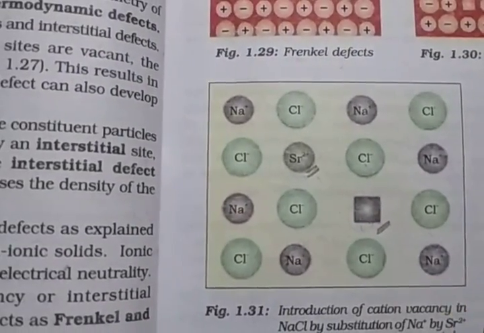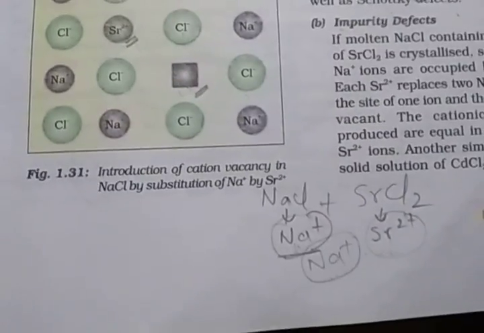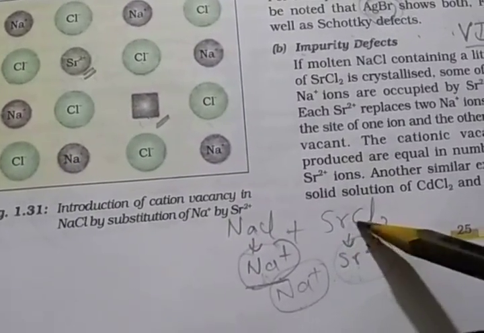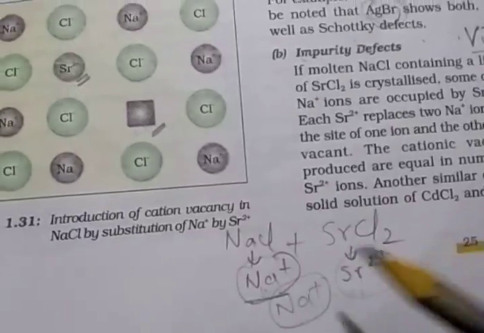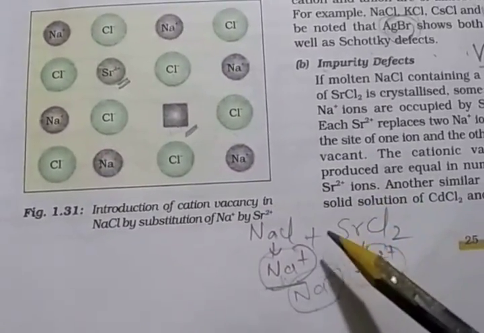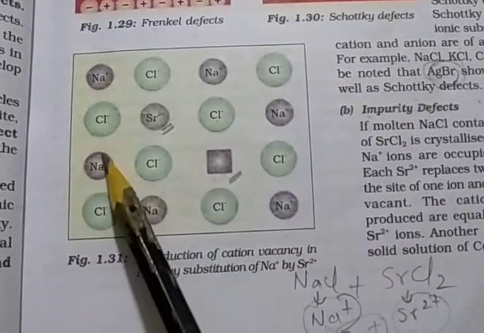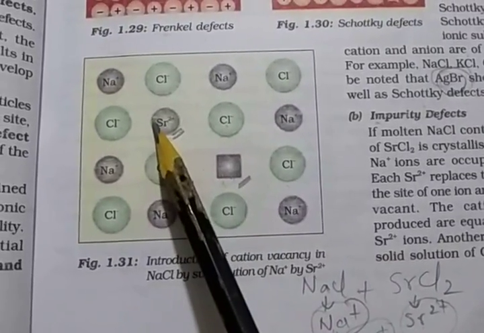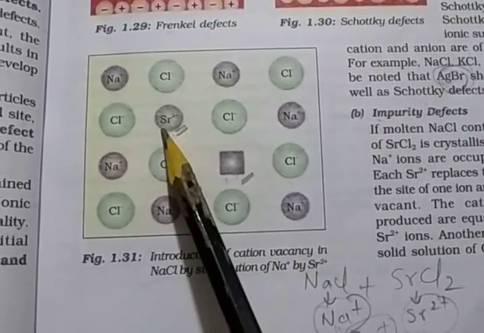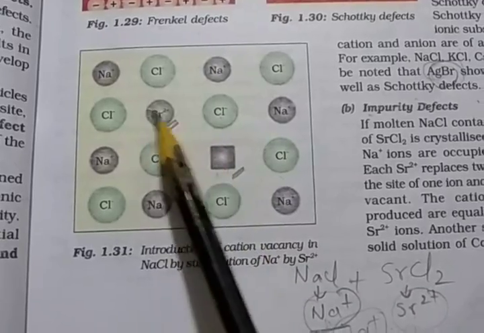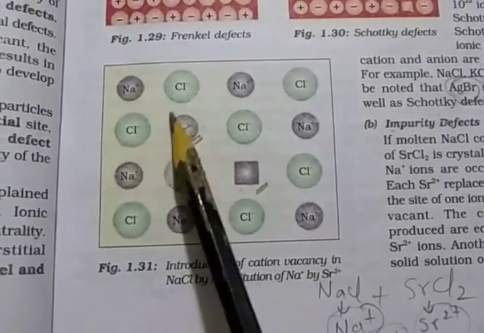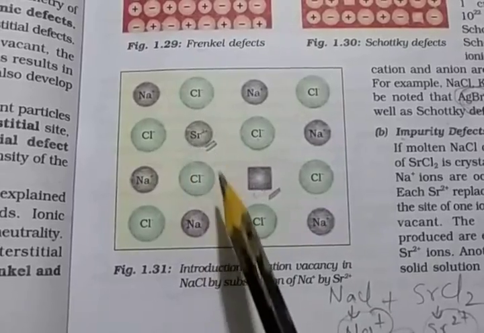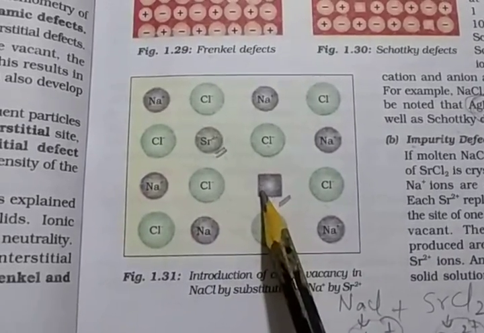So if molten NaCl containing a little amount of strontium chloride is crystallized, some of the sites of the Na+ ions are occupied by strontium 2+ ions, and each strontium 2+ replaces 2 Na+ ions. It occupies the site of one ion and the other site remains vacant.